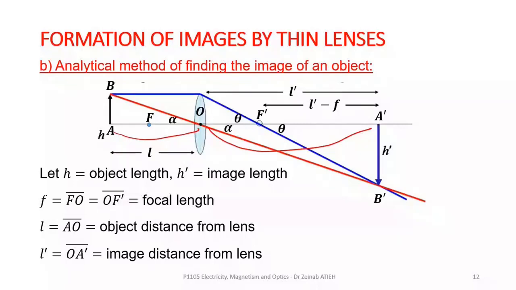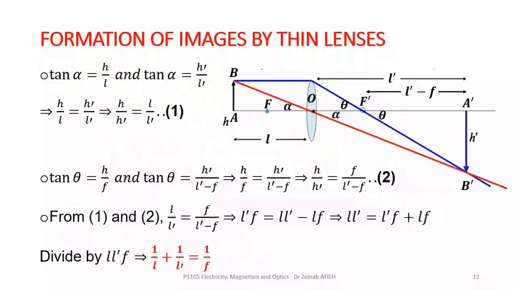So let's start by doing some geometry. Let's choose this triangle, this small triangle. So you can see in this small triangle that tangent alpha is equal to opposite over adjacent. So it's simply H over L. So this is H and this is L. So you can see that from this triangle, tangent alpha equals H over L. Let's choose the second triangle, this one. This is the second triangle. Okay, so tangent alpha is also opposite over adjacent.